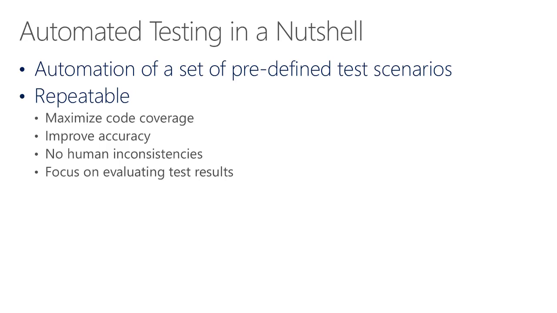Automated testing is a predefined set of instructions that always run, no matter what time, no matter how eager the project manager wants the result, no matter how hungry you are, the test scenario is defined and it will execute every instruction every time that the test runs. And it will run in exactly the same manner each and every time.